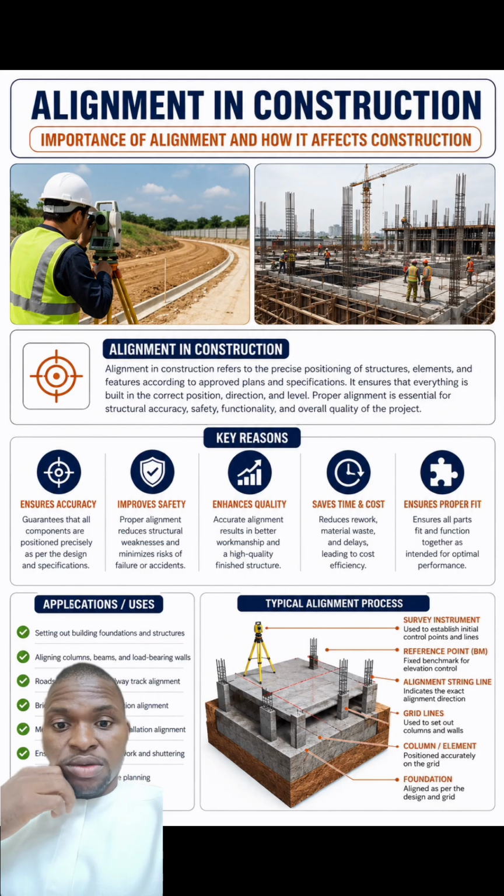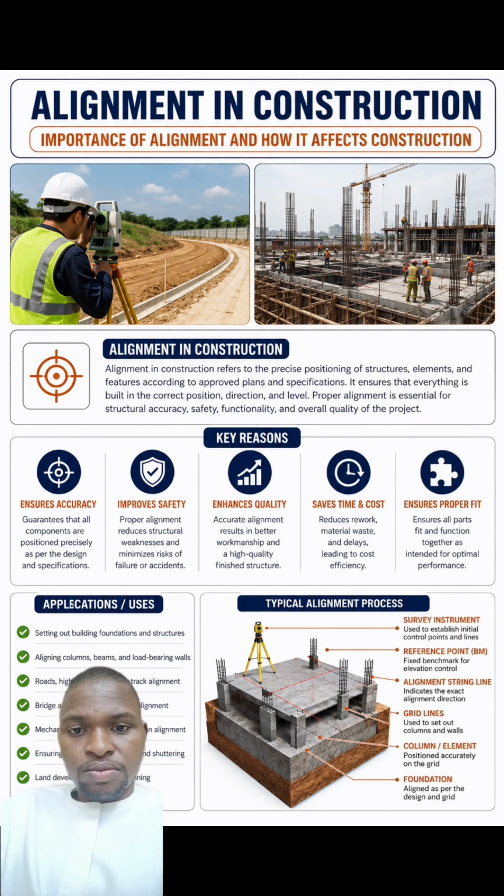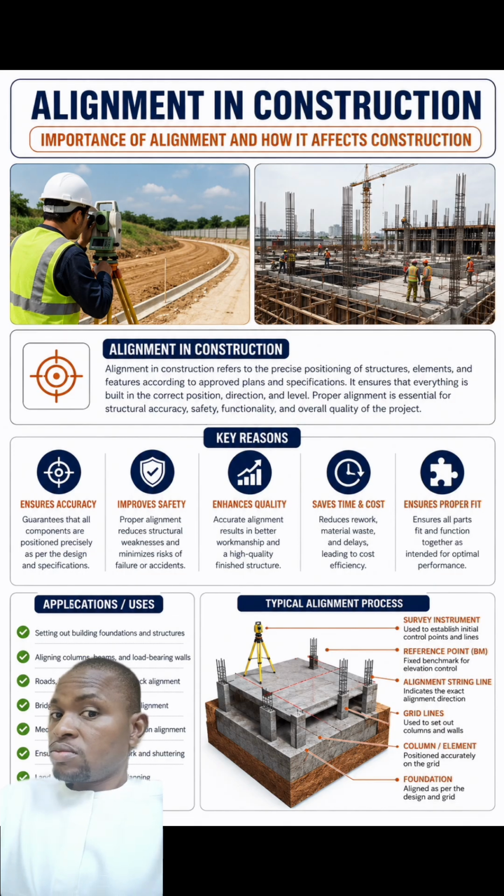So a quality job is done on site by using alignment as one of your criteria. Probably you are doing the concreting of your slab. After the concreting, you see the alignment. Even before the concreting, you check the woodwork, that is your shuttering, your formwork. How is the alignment of your formwork? When you pour in your concrete, is it going to tilt?